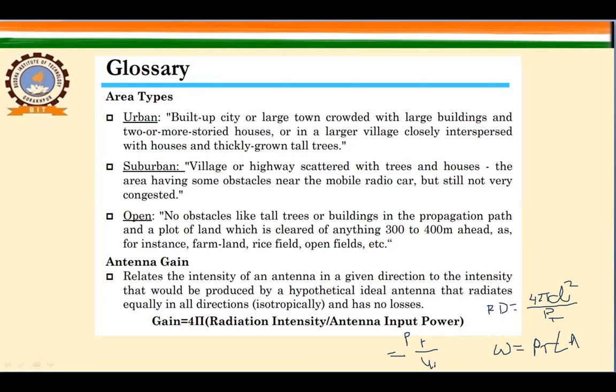Here the distance is the separation, so it is 4 pi of d. That area is in circular form, and it is the surface area of your transmission.